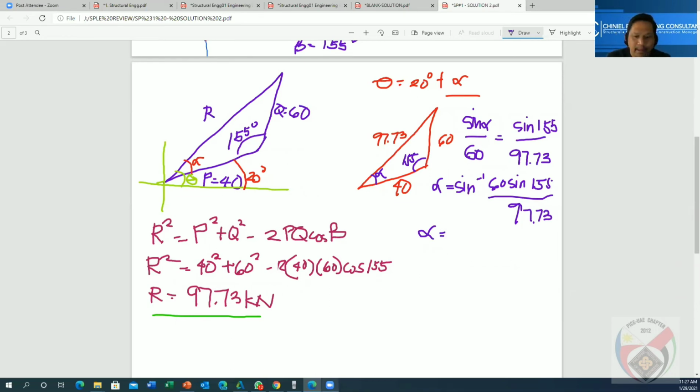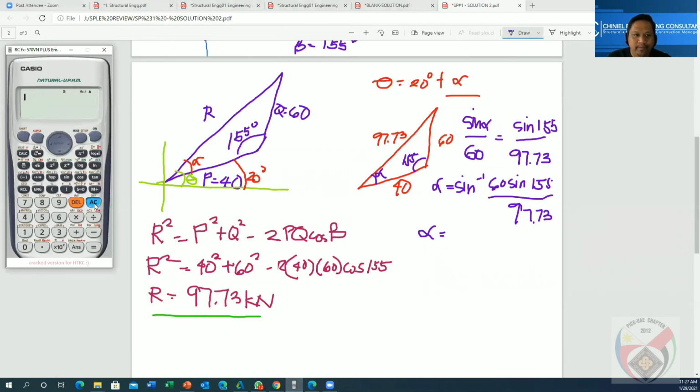Okay, so what is the value of alpha? Yung sumagot dito si Engineer Kat, Engineer Roxanne, 15.038. Okay, so we will check from this equation. 60 sine of 155 divided by 97.73, then shift sine of the answer is 15.03.